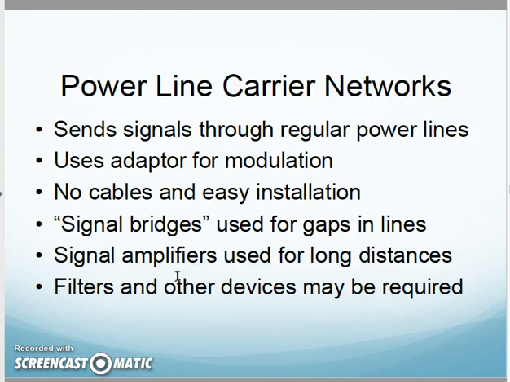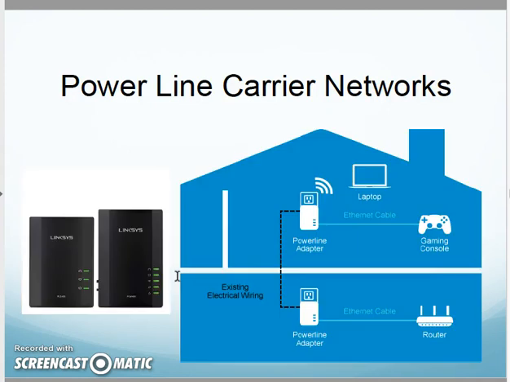They talk about Powerline carrier networks. Yep. And actually, I think we might have even talked earlier this semester briefly about this. This actually does have some use in a home. I pulled this example up because it's a good example. If I have a wired network here on the first floor and I don't have an easy way to get a wire to the second floor, instead of relying on wireless up here, I can use these power adapters.